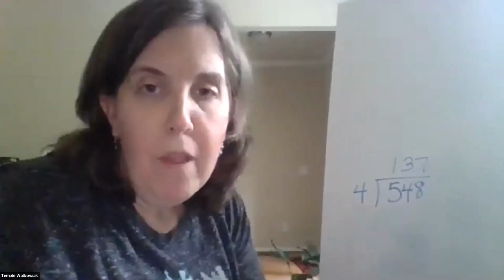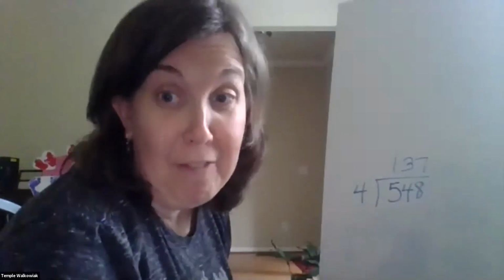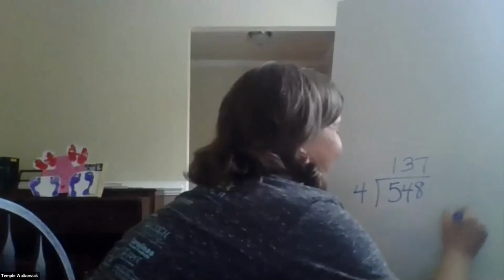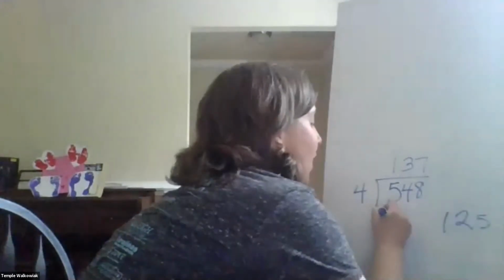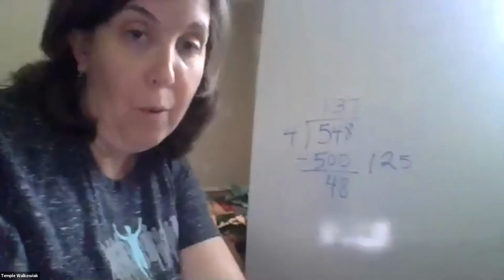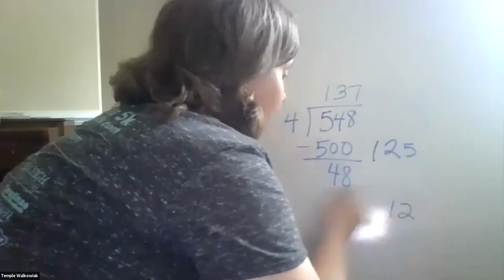And then I had the 48. 125 groups of 4 gives me 500, and then you're left with those 48 to figure out how many groups of 4. Right, and then I have 12 more groups of 4.